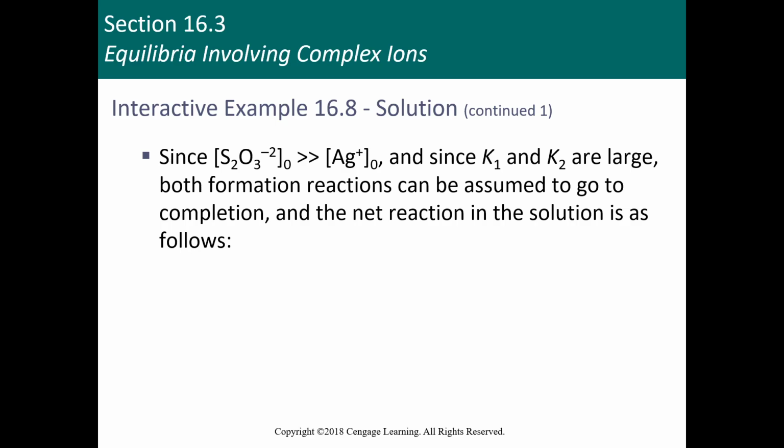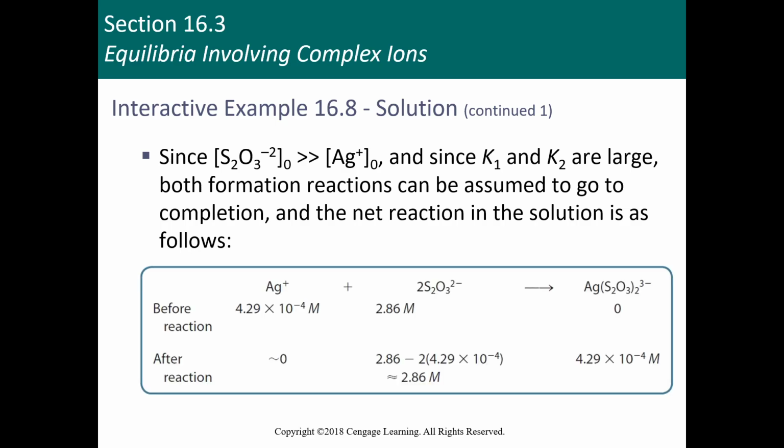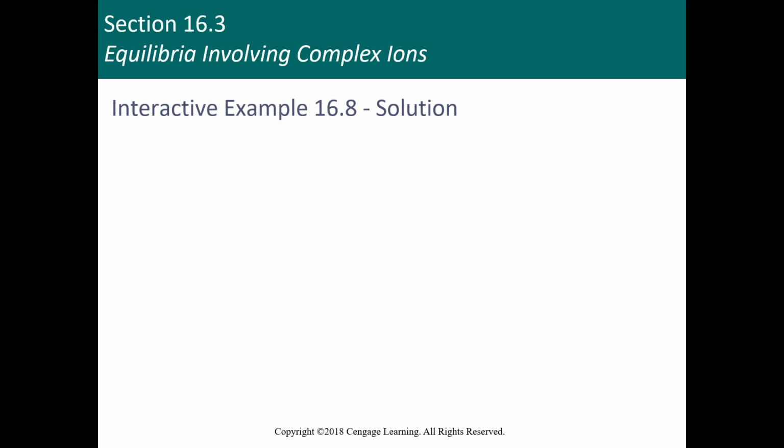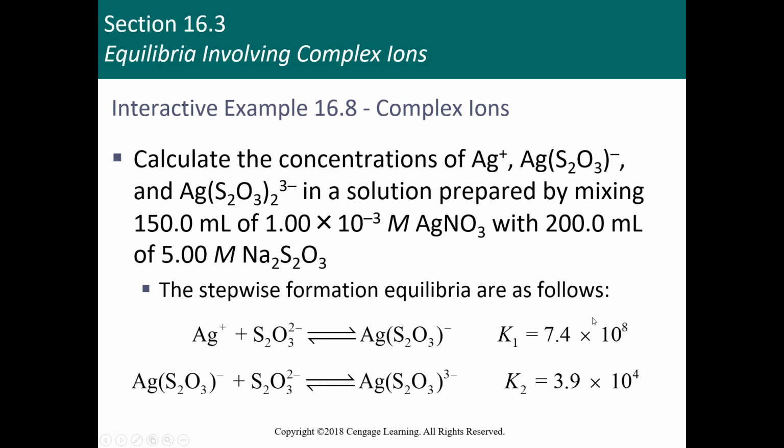The K1 and K2 are both fairly large, so the formation reactions can be assumed to go to completion. In this case, the net reaction in the solution will be as follows. We will have our silver completely consumed, so that will go to completion. And how do you know these are going to go to completion? There's two ways you look at this.